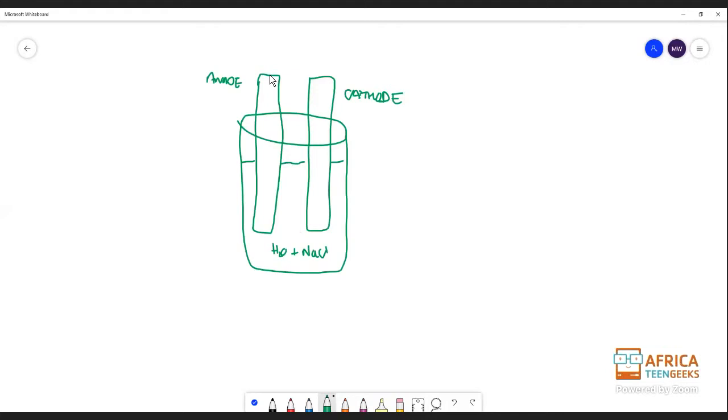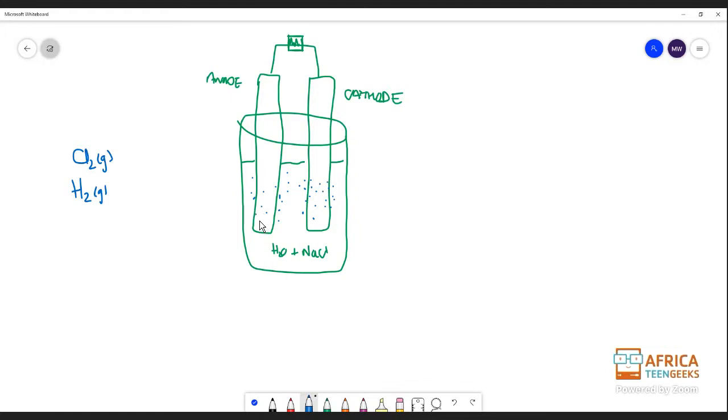I've got my battery in there, and you run a current through the system. When you do, you would see these little gas bubbles next to my anode and next to my cathode. What you're actually getting is chlorine gas and hydrogen gas.